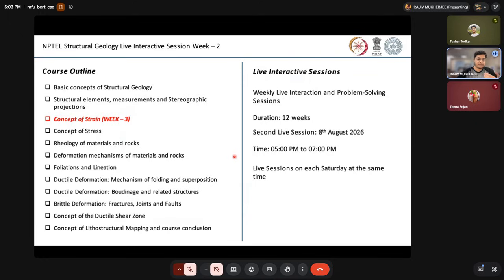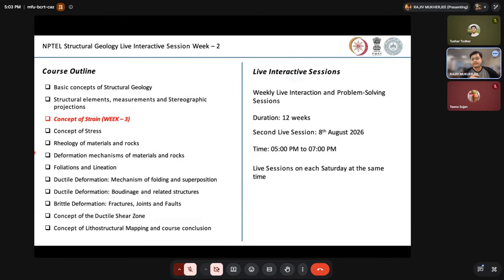Then comes brittle deformation, where we will learn about fractures, joints and faults, followed by the concept of ductile shear zone. Summing up, it will all be accumulated in a final week of discussions on the concept of lithostructural mapping, which includes all the things we have learned throughout the 12 weeks of the course.